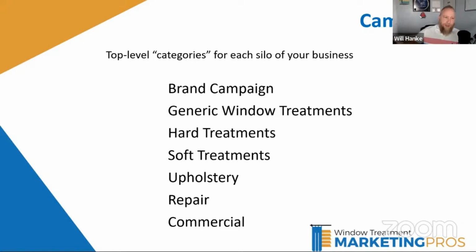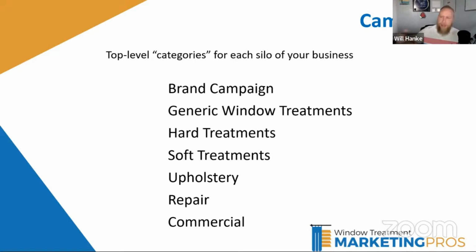It could be a brand campaign, so specifically just trying to get your name out there in more places in front of more people. Generic window treatment searches, so somebody just typing in window treatments near me or awnings near me. And then, of course, you can be a little more specific with hard treatments versus soft treatments. Those can be separate campaigns.